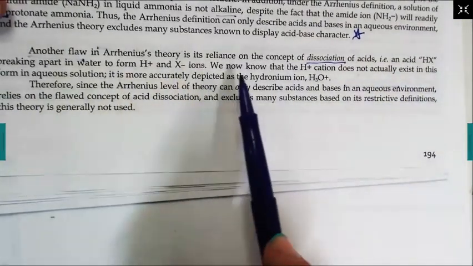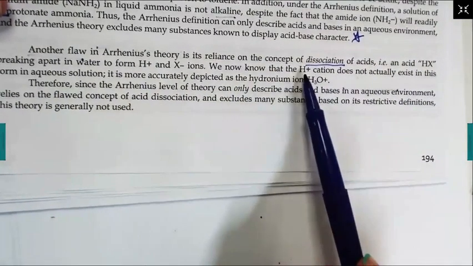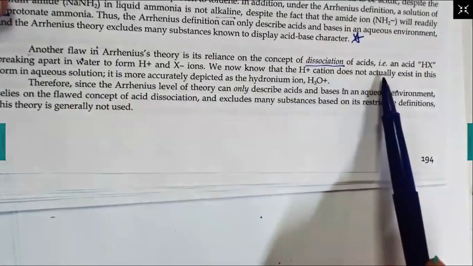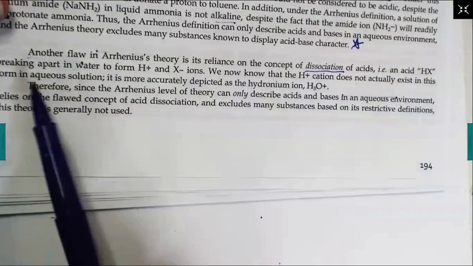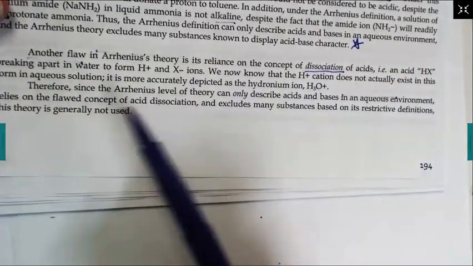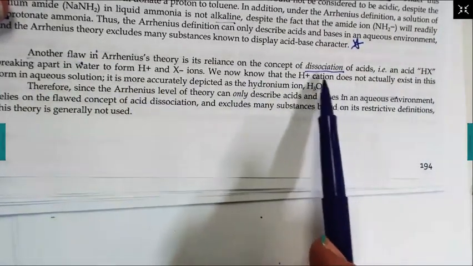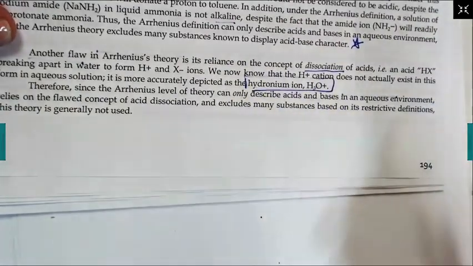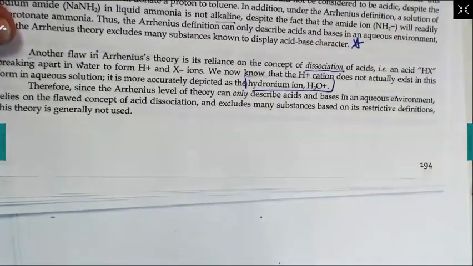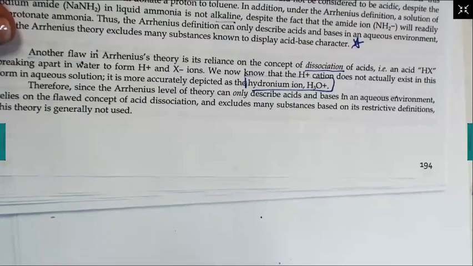We now know that the hydrogen ion, cation, does not actually exist in this form in aqueous solution. What it's going to do is become the hydronium ion. So we know Arrhenius' theory, way back, super old. It's okay that he got it a little wrong. He's more right than he is wrong.